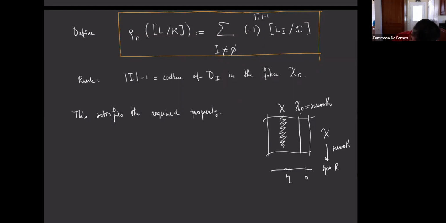In this case, the central fiber is just a divisor D. So the index is only one thing: we have only one stratum, which is D. Now by the definition, you see that L over K will be exactly what we want.